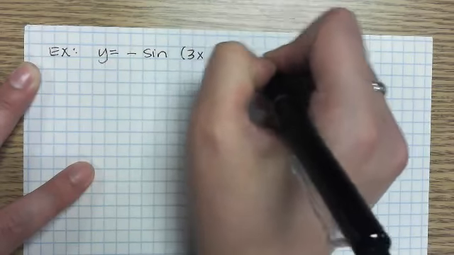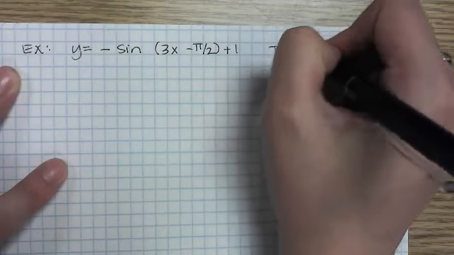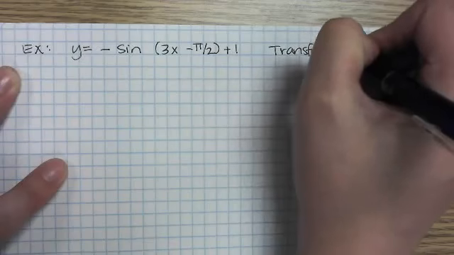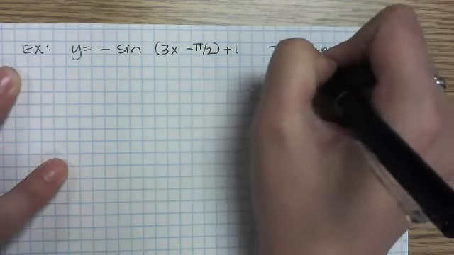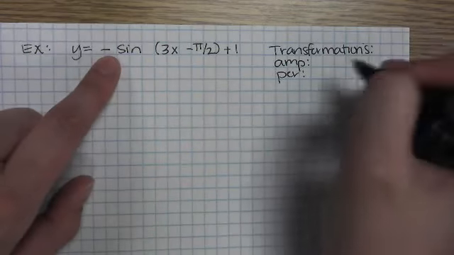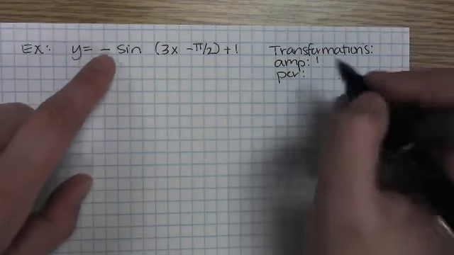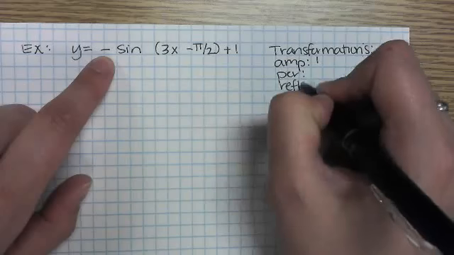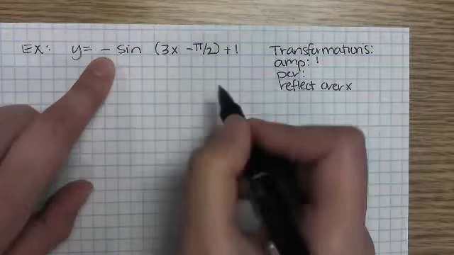Okay, so on this one, the transformations, we're always going to start off with amplitude and period. So the amplitude of this one is just 1 because there's no other number telling us it should be different. But I do have that negative there, so I'm going to say we are reflecting over x. And then for the period, we have to factor out that 3.